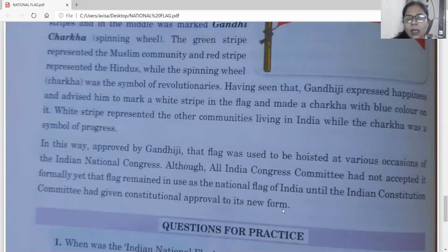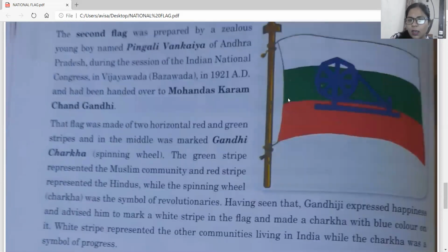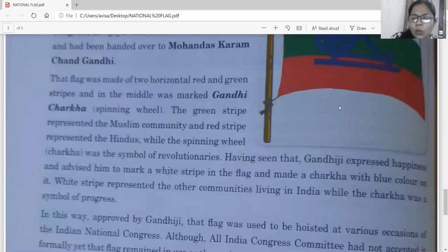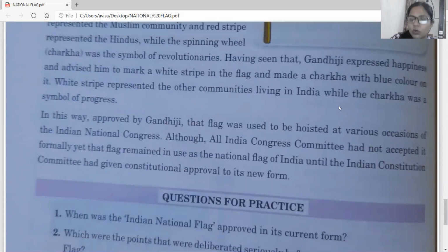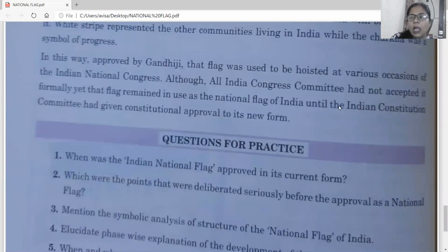Means until our new flag was launched, this flag was used. Whenever there was a Congress meeting or an Indian National meeting for freedom, most of the time they used this flag. After that, the recent flag adopted on 22nd July 1947 was used.